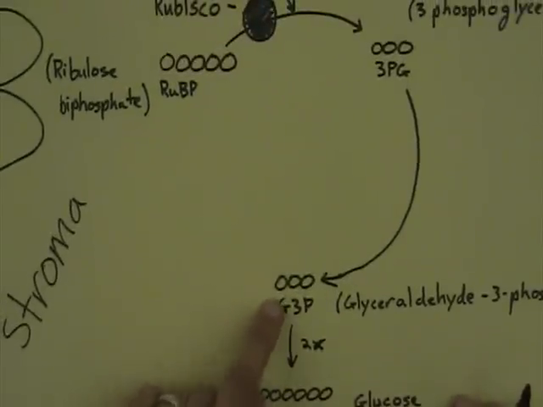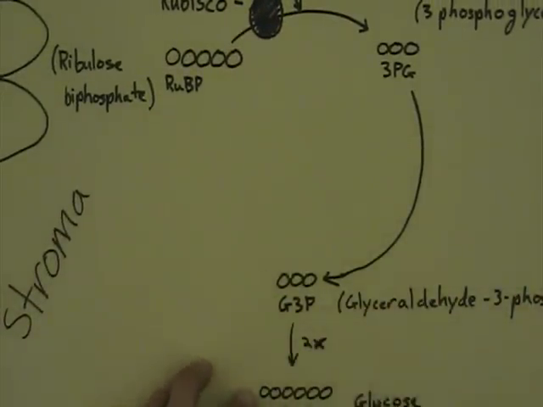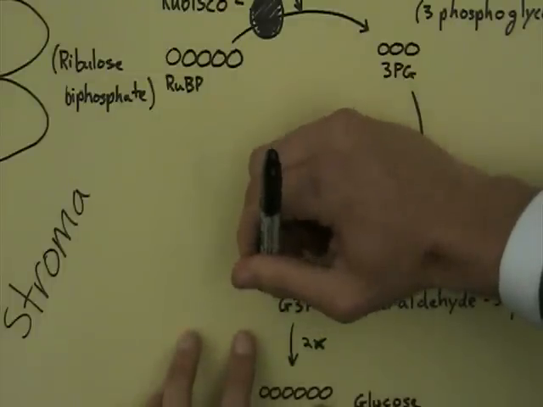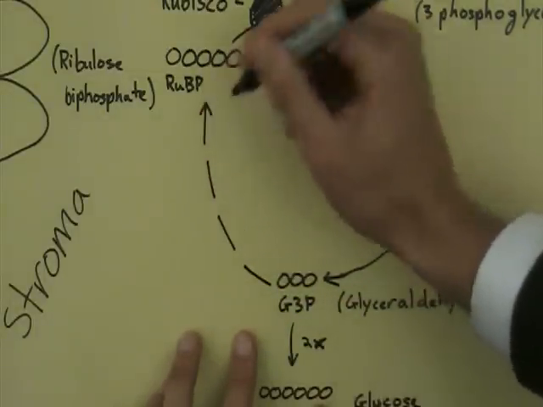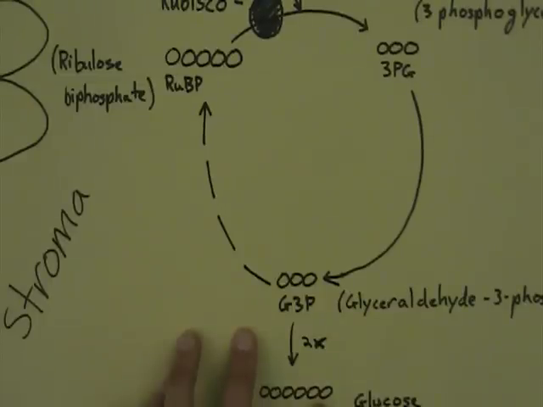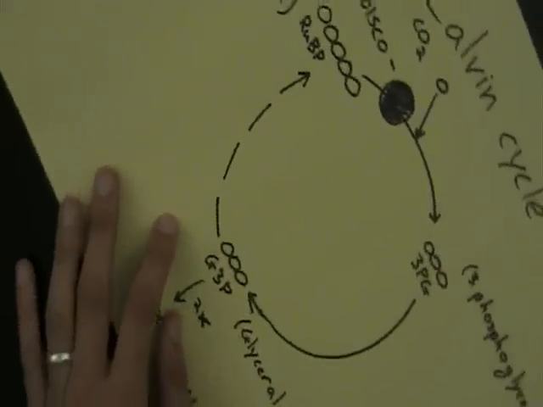However, it is important to maintain this reaction that the G3P gets converted back into RuBP. To do this, we have a series of reactions, which I'm just going to draw with a dotted line arrow, like so. And you don't really need to know much detail about these at all.